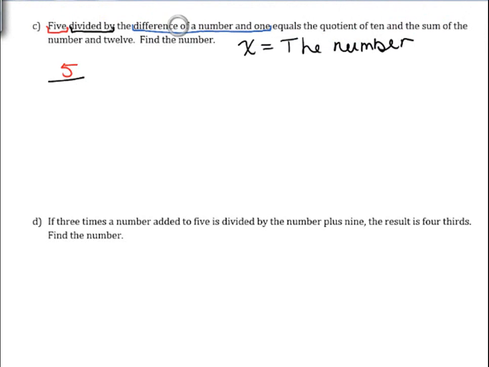When it's written this way, the difference means subtract, and you subtract in the order that the things are listed in here. And so this is listed as the number and 1, so that would be x minus 1.